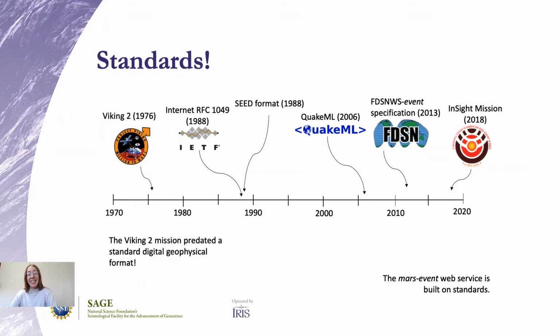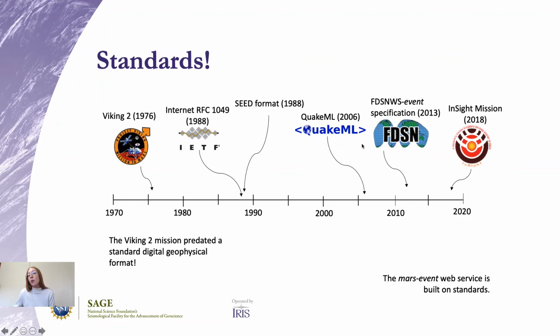It wasn't until 1988 when the first internet RFC defining content types sent over the wire in a format other than US ASCII was defined. This was big, and not so coincidentally coincided with the development of SEED format, the first standard digital geophysical format.